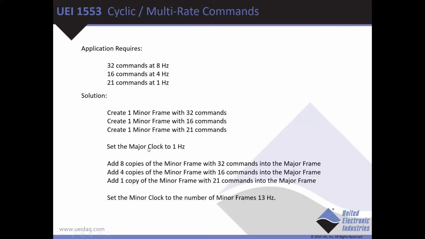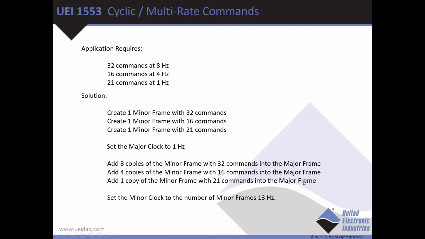You set the major clock to 1 Hertz. It'll restart every second. Add 8 copies of the minor frame with 32 commands into the major frame. Add 4 copies of the minor frame with the 16 commands into the major frame. Add 1 copy of the minor frame with 21 commands into the major frame.